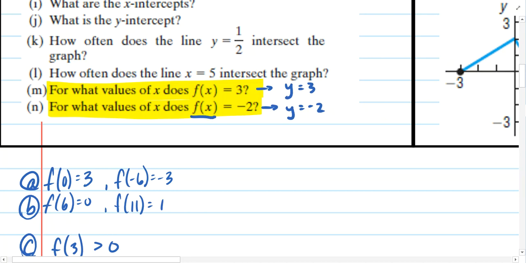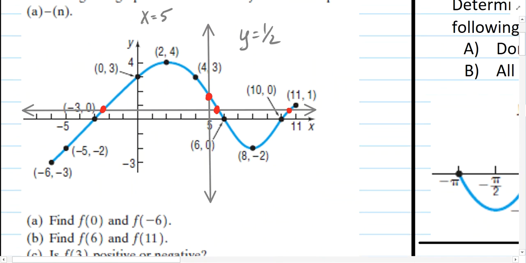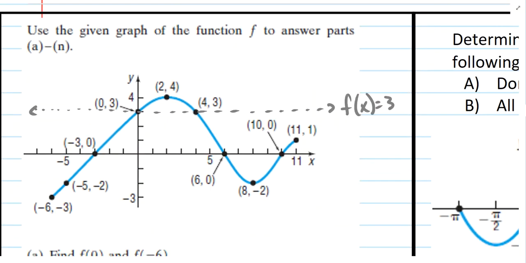This f(x) notation represents our y coordinates. If we think of these questions as y = 3 and y = -2, then you can imagine that horizontal line again at 3 and at -2. At f(x) = 3, or at y = 3, there are two positions where the function is equal to 3, and the x values associated with them are 0 and 4.